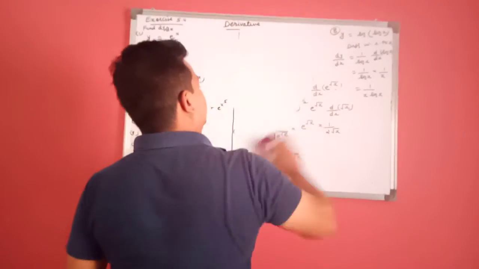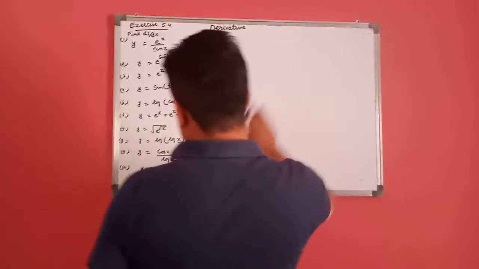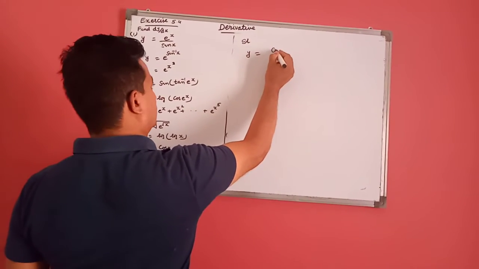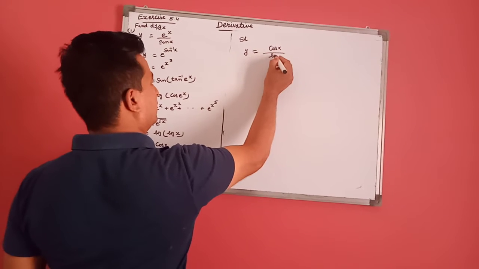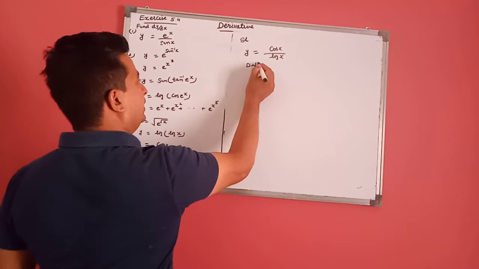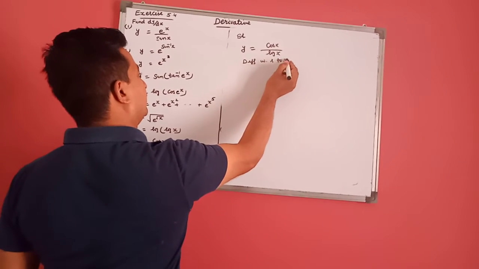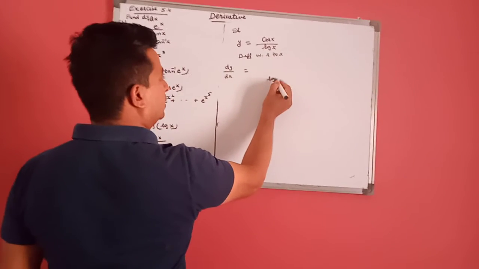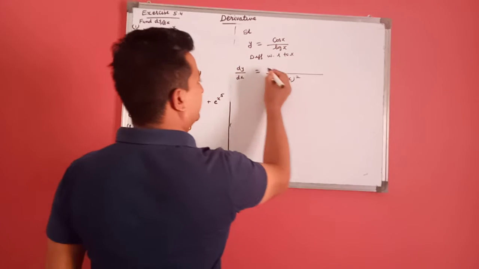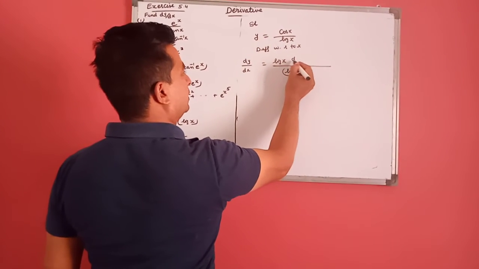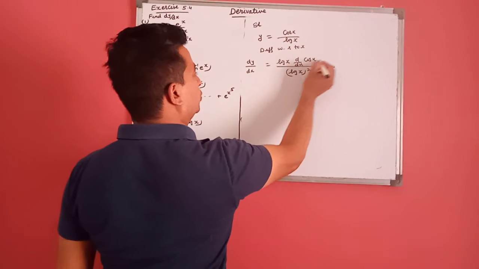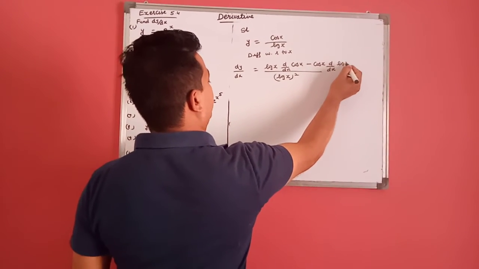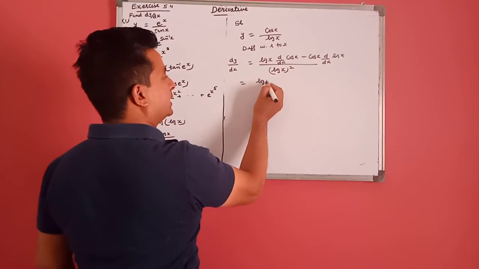In 9th question, the statement is y is equal to cos x by log x. When we differentiate this y with respect to x, we use the quotient rule, that is (v du/dx minus u dv/dx) upon v square. Here v is log x.